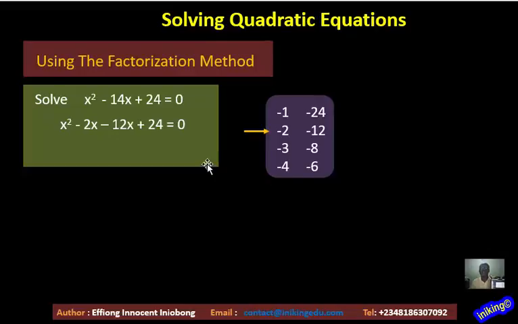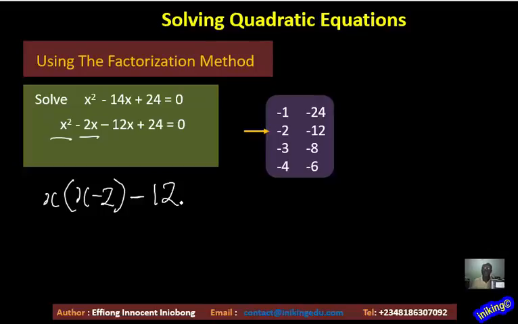And that's it there. So now we can start our factorizing. I'll take x squared and minus 2x. What is common? x is common. I open the bracket. x squared divided by x is x. Minus 2x divided by x gives me minus 2. Bring down the minus sign there. And then look at minus 12x and 24. What is common?